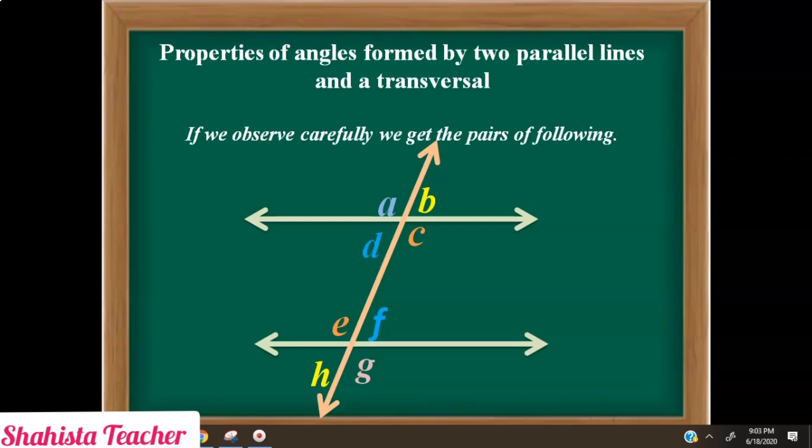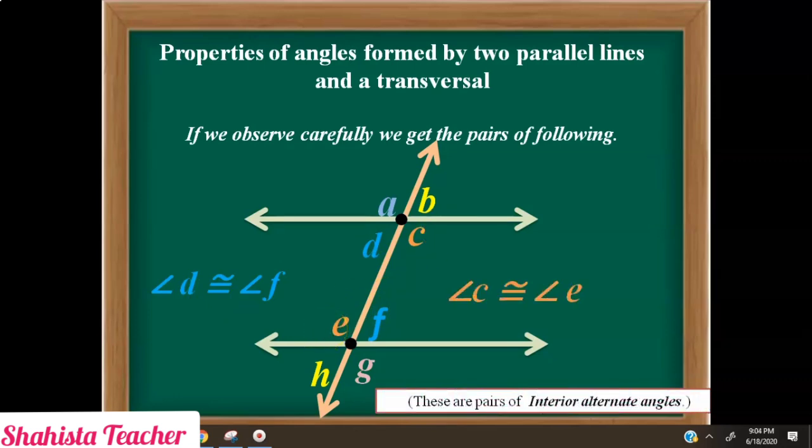Interior alternate angles say opposite side, opposite direction, internally. So angle D is congruent with angle F and angle C is congruent with angle E. These are the pairs of interior alternate angles.